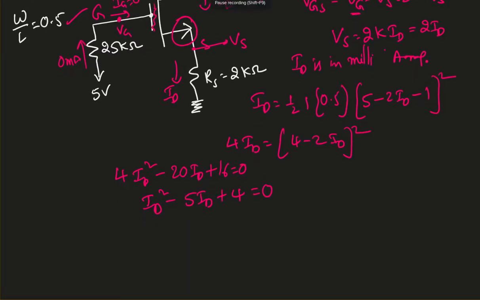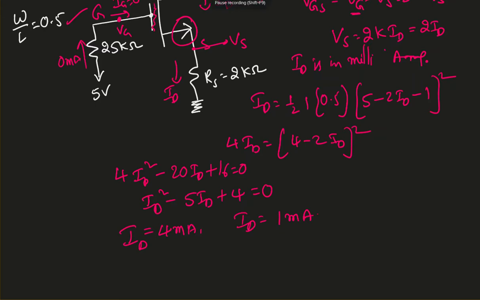It's a quadratic equation. You can plug in these numbers in your calculator and find the ID value. Since it is a second order system, you will end up with 2 values. So I end up with ID equal to either 4 milliampere or ID equal to 1 milliampere.